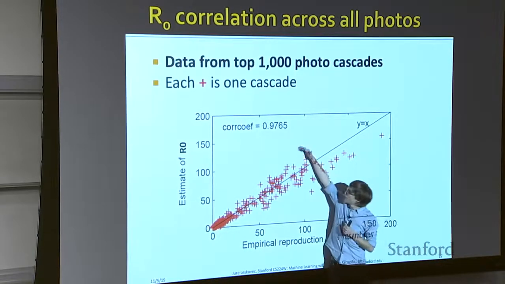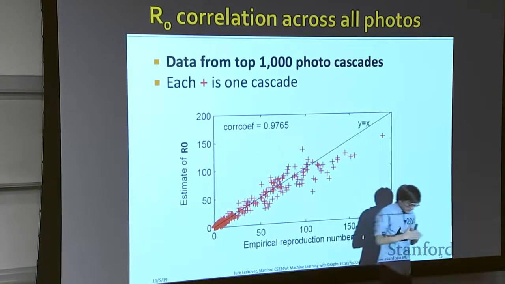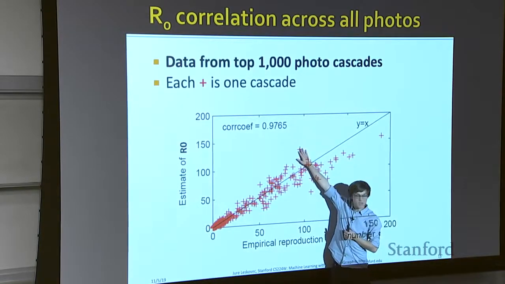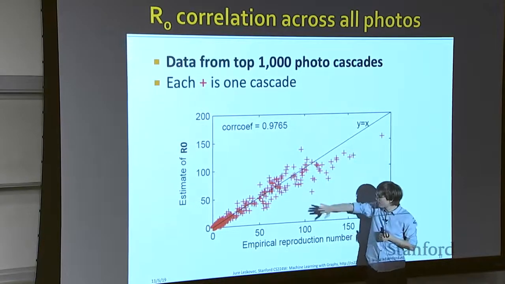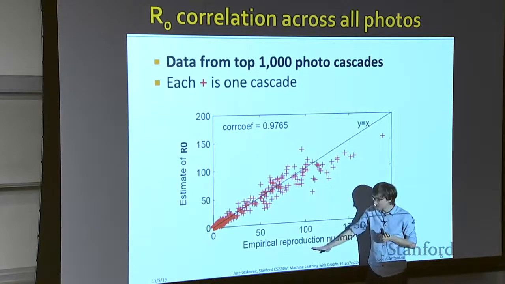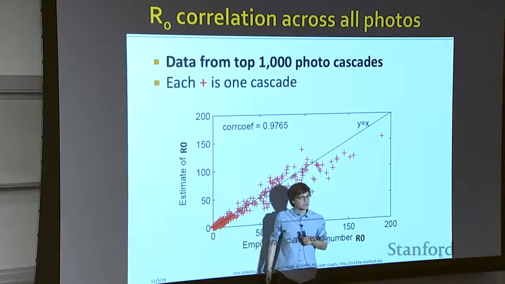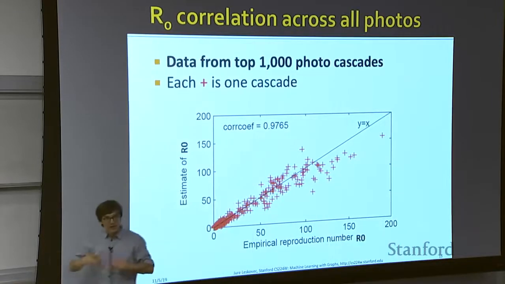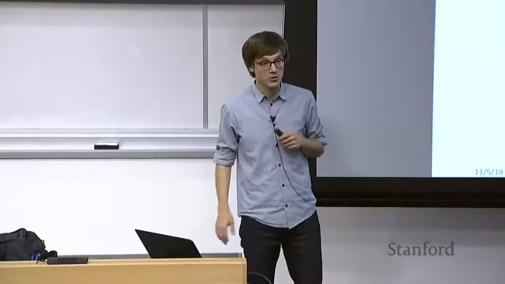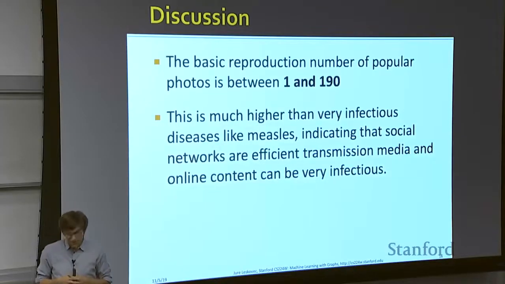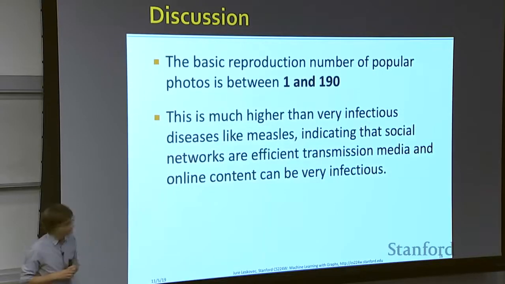If it were above the diagonal, it would mean in the first hop it spread just a bit, but then it increased its R0. These things are below the diagonal, which means in the first hop it spread a lot, and then in the subsequent hops it spread somewhat less. So it didn't have enough stamina to push through, right? So this is an example of how to think about this reproductive number R0.